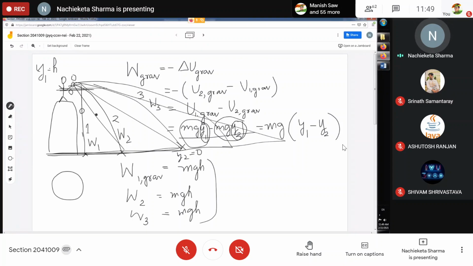Naturally, for this path you have to do the least amount of work, and for this path the highest amount of work, because there is friction. But if there is no friction and only conservative forces are present, then you need not worry about the path, provided the endpoints are the same. That is very important. Okay. And it is reversible. Reversible means the kinetic energy and potential energy can interchange, isn't it?